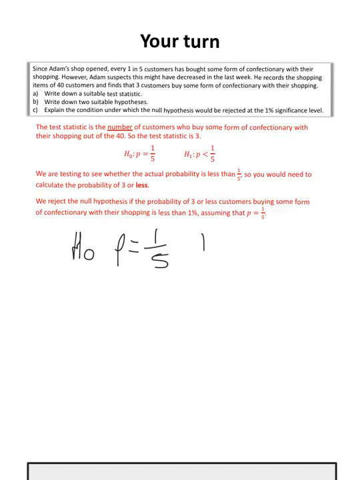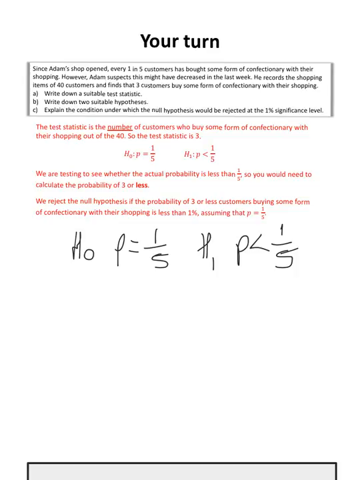And he thinks that this has decreased, so our alternative hypothesis is that the probability is actually less than 1/5. So we're testing to see whether the actual probability is less than 1/5.